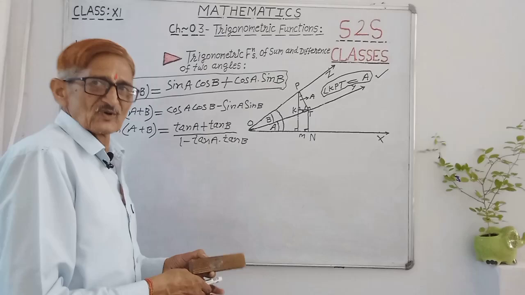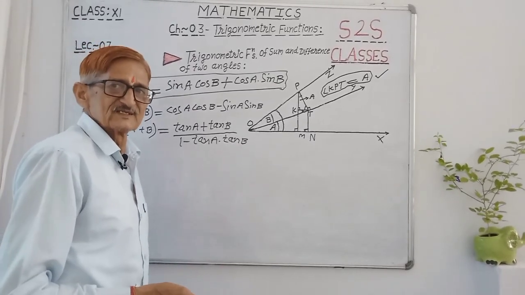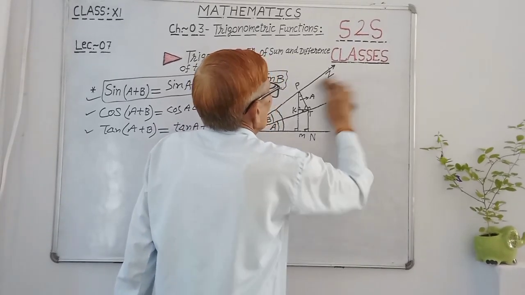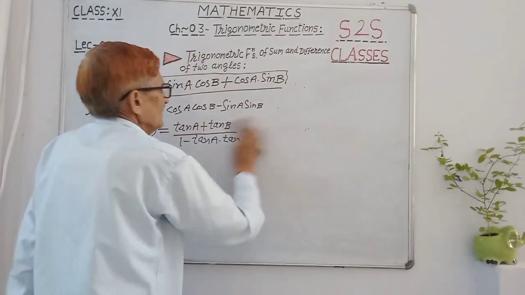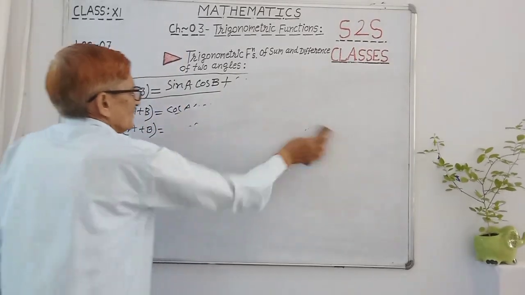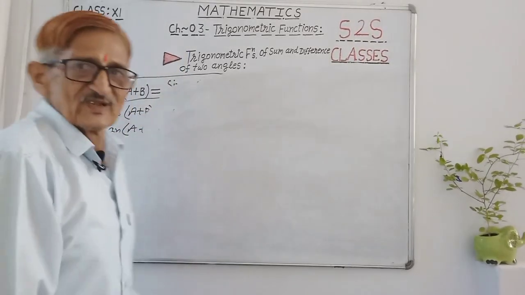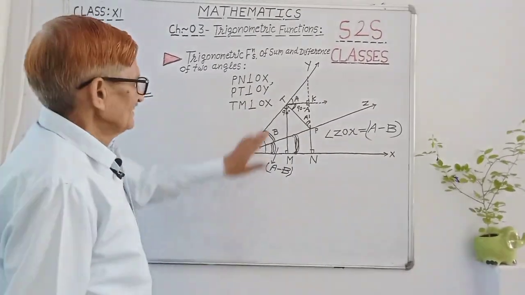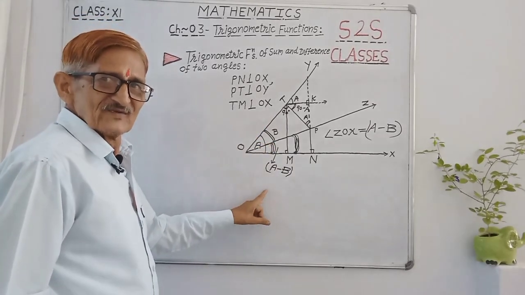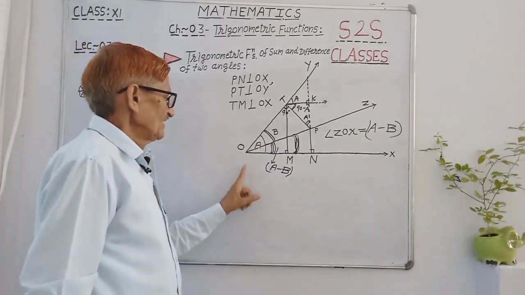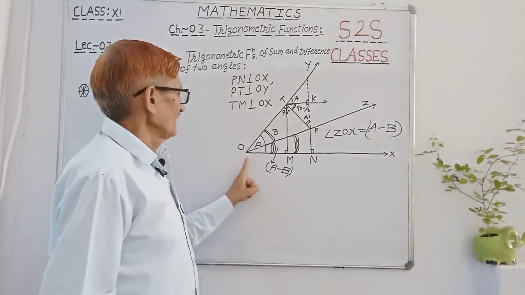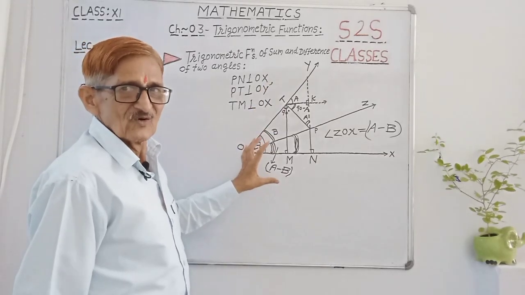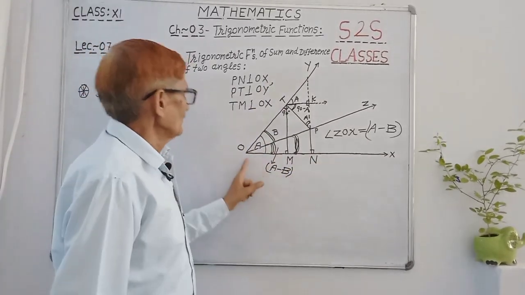The reciprocals will come, if you want. But take these originals. Now we have to do it for the difference of angles also. For the difference of two angles we have to use a different figure, where OX is a ray and angle XOY is A, which is larger.